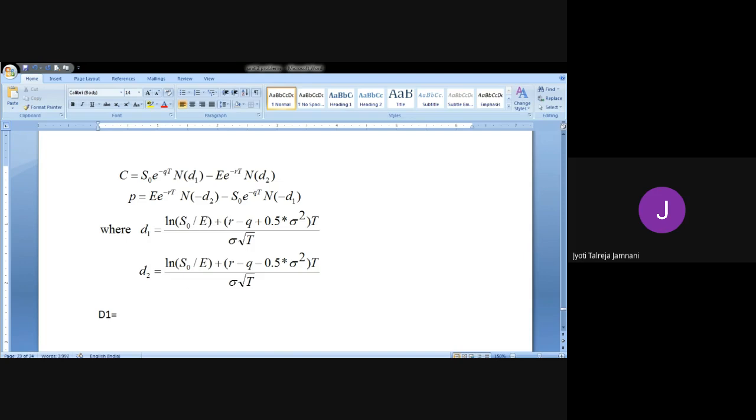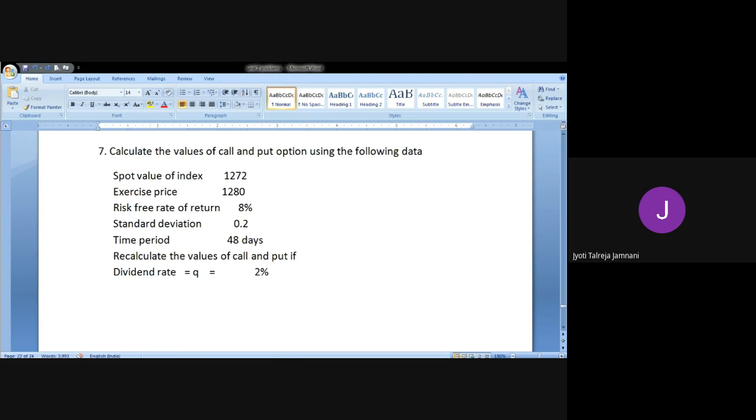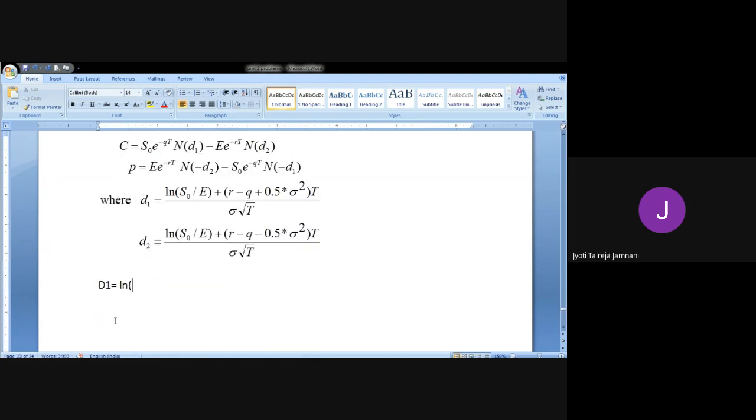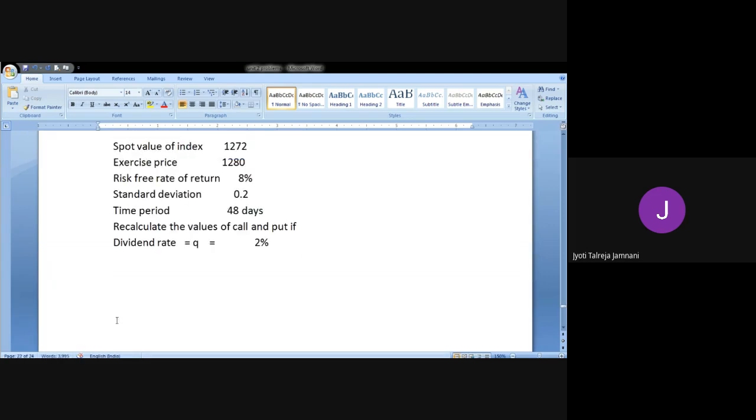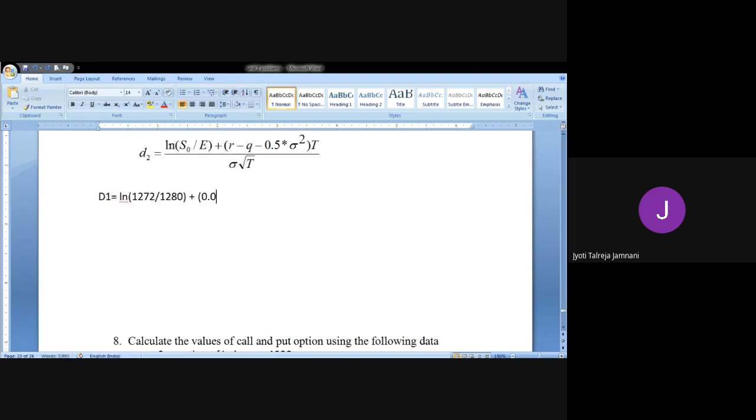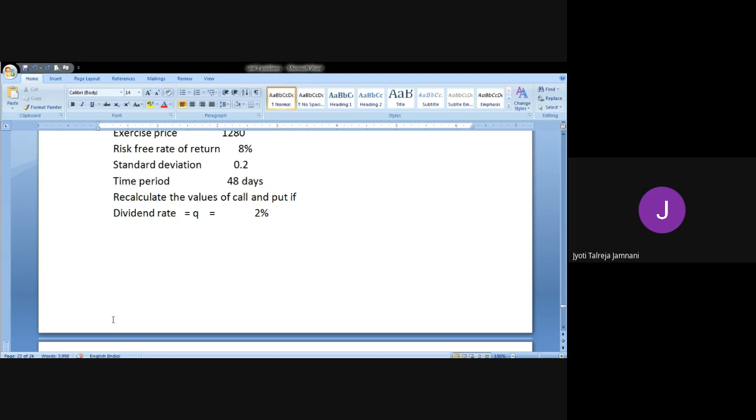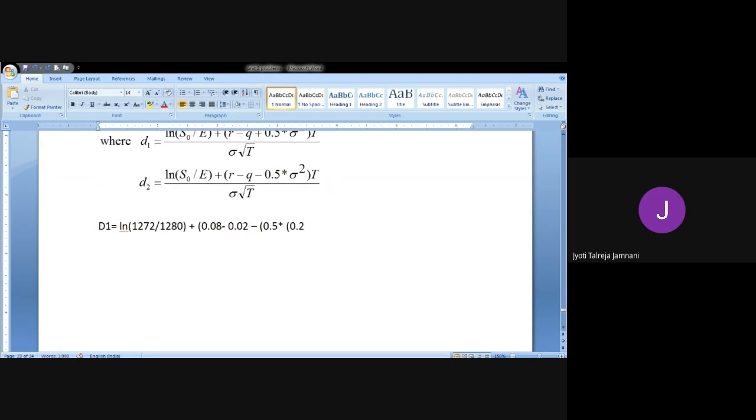D1 is equal to ln S naught divided by E. They have told us 1272 and 1280. So ln of 1272 divided by 1280, plus, in brackets, R, the rate of interest, 8%, so 0.08, minus Q, the 2% dividend, 0.02, plus 0.5 into standard deviation square. The standard deviation is 0.2, so 0.2 square.